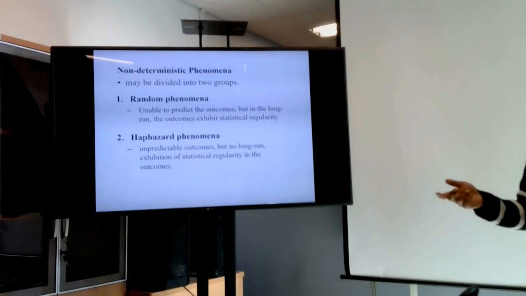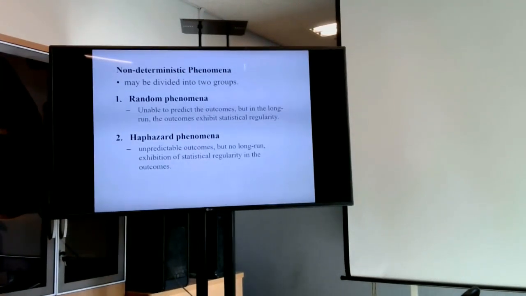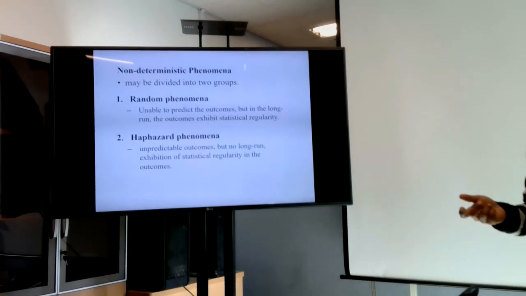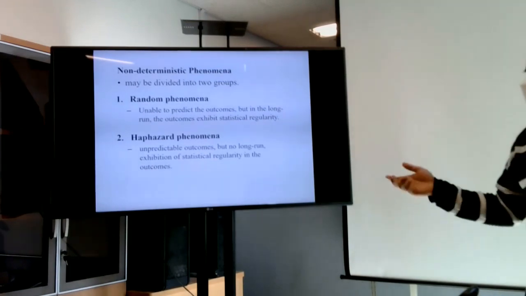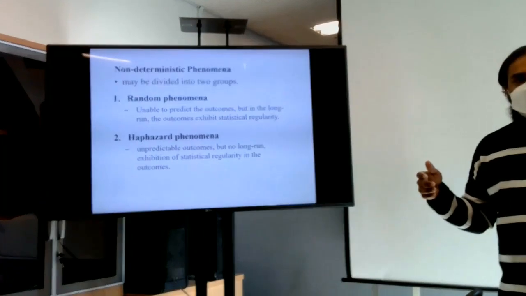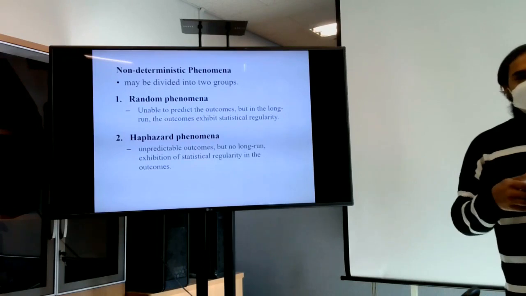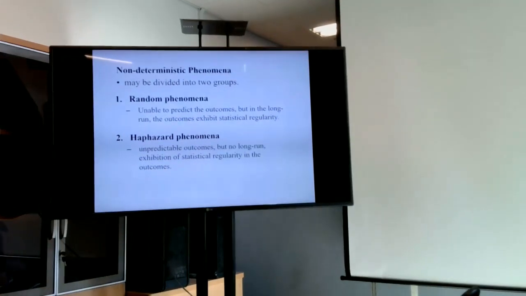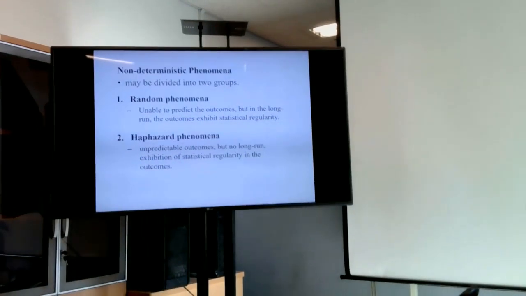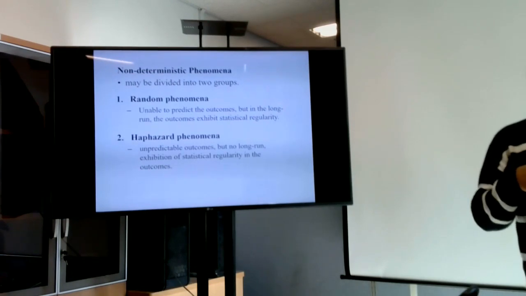And the next phenomenon is an unpredictable outcome, with no long run exhibition of statistical regularity in the outcomes. It means in this case we cannot find the outcome, and in the long run also we cannot find the outcome, because it has infinite points active, and all infinite points are non-deterministic.